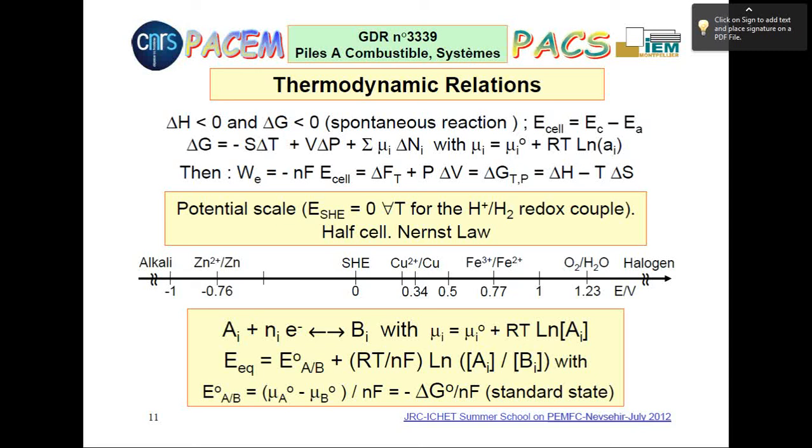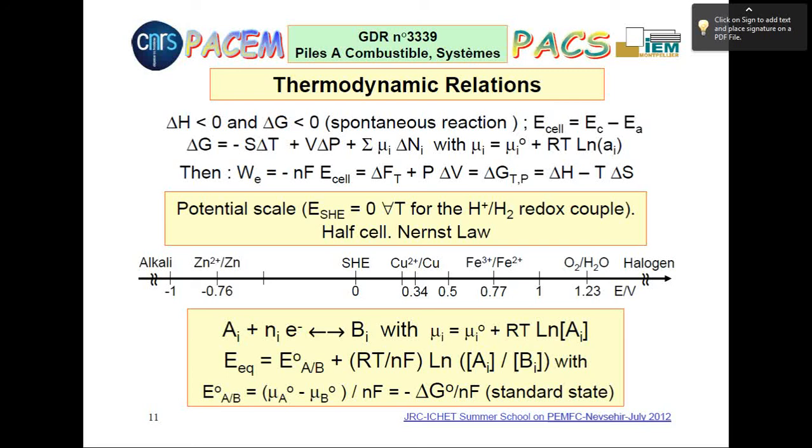For any electrochemical reaction, I wrote it like that, A plus electron gives B. Usually you say ox plus an electron gives red. But for some species, red and ox depend on the direction.